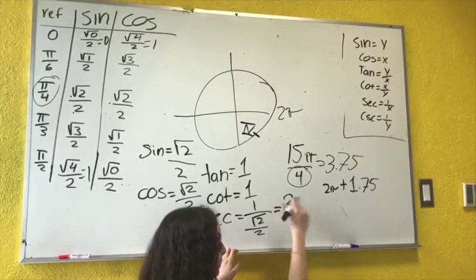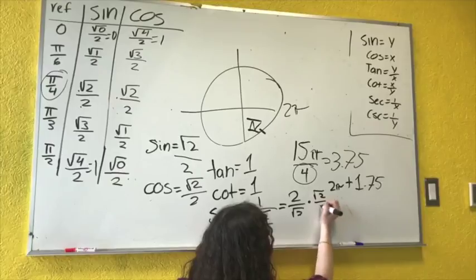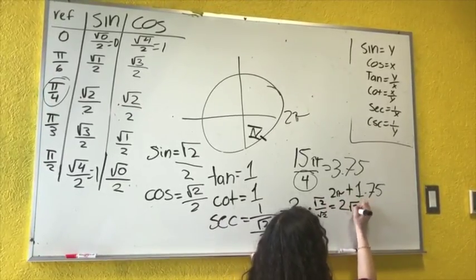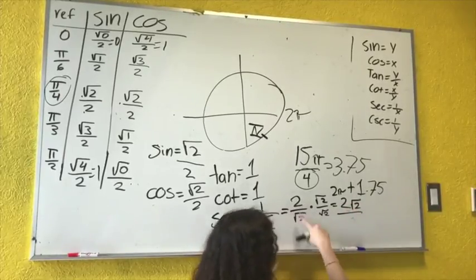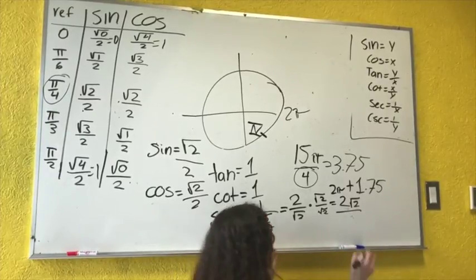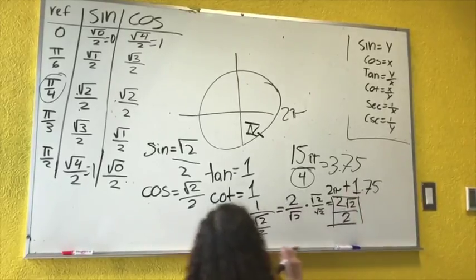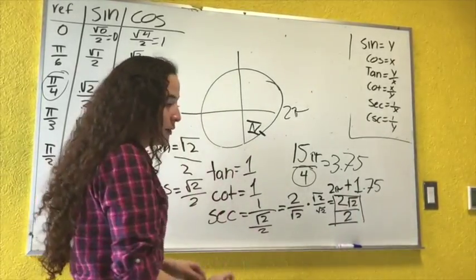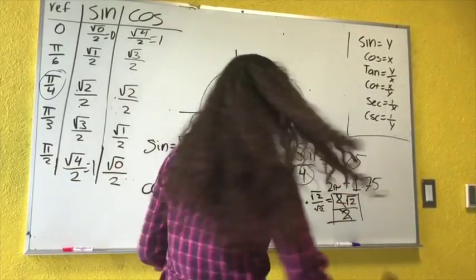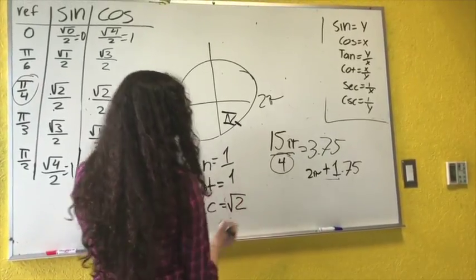But we can't have radicals in the denominator, so we multiply it by the root square of 2 over the root square of 2, which gives us 2 root square of 2 over the root square of 2 by the root square of 2 is going to be the root square of 4. Therefore, it's going to be 2. So this is our secant. We can simplify it by canceling these 2's. So our secant is going to be root square of 2.